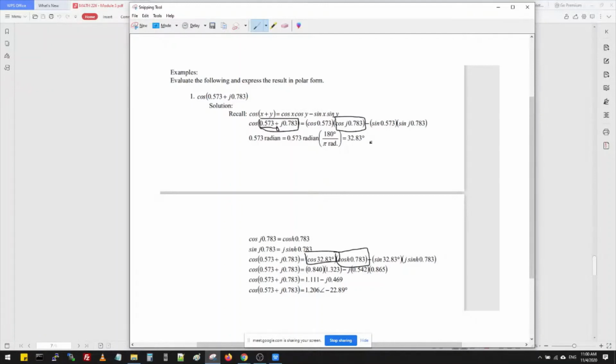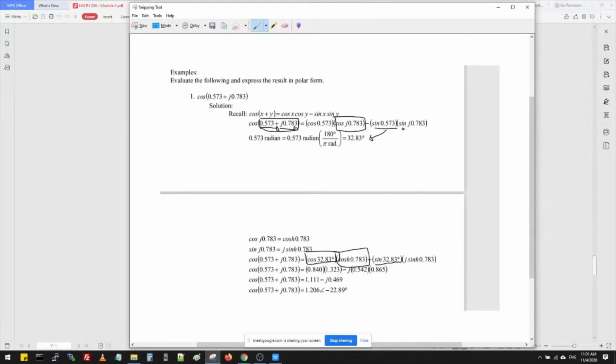So you need to get the angle in degrees, and for the complex component, use the relations of the hyperbolic and trigonometric functions. So that is cosh 0.783. Then the same value, that is sine, converted, so sine 32.83.